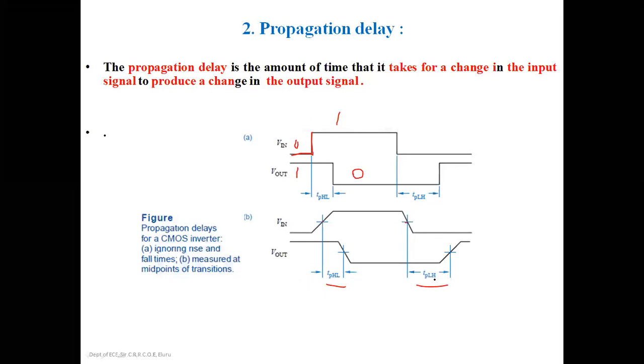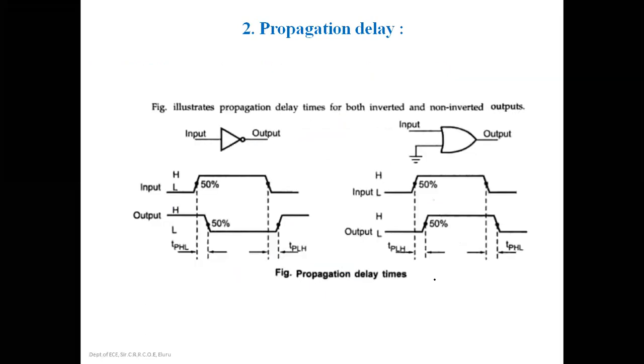You can also understand better by looking at the inverting and non-inverting gates. See, the first one is the inverting gate. In an inverting gate, the output is always the complementary value. If you apply 0, it will give you 1. Now in the input there is a change from low to high state, and correspondingly there will be a change at the output, but instantaneously it is not taking place.